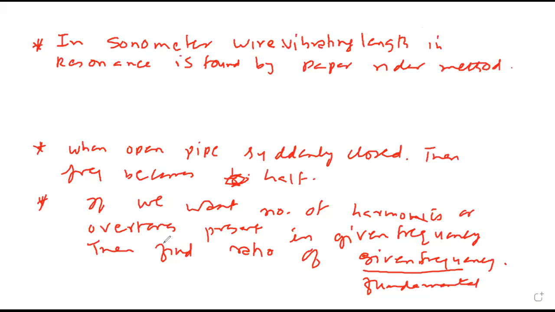Right. When open pipe is suddenly closed, frequency becomes half. Then if we want to find harmonic or overtone present in a given frequency, find the ratio of the given frequency with the fundamental.